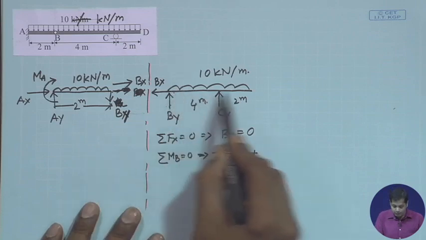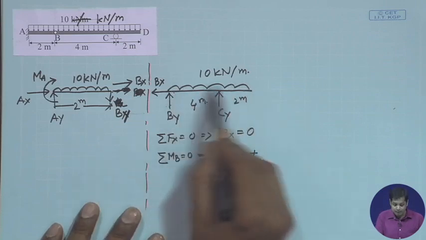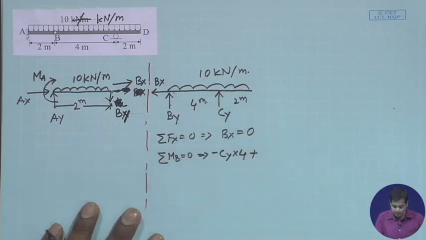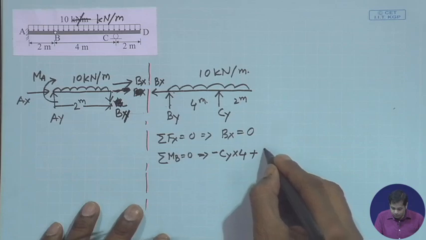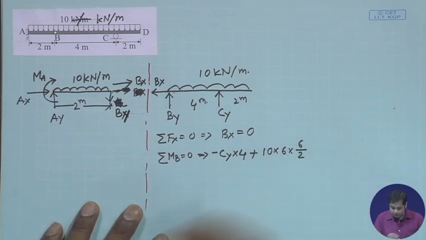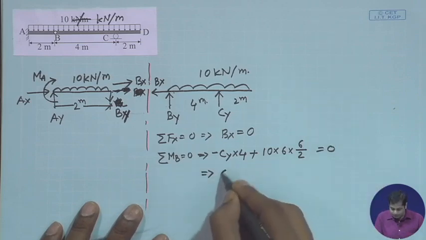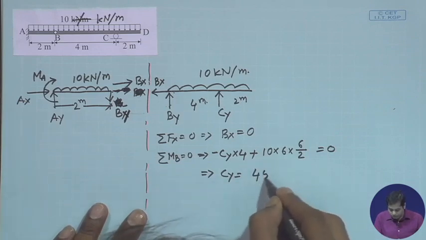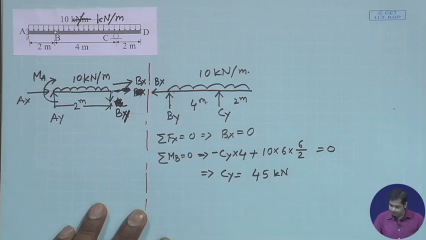It is distributed over a length of 6 meter, and since it is uniformly distributed, the line of action of the resultant is at the mid position. So the total load will be 10 into 6, and the line of action is 6 by 2. So this is 0, and this gives me Cy equal to 45 kilonewton.